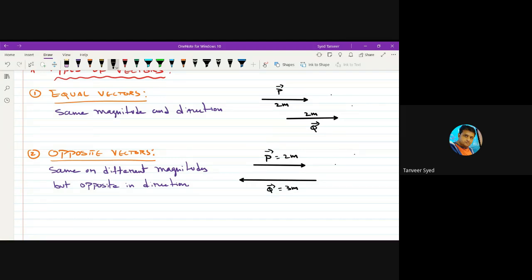Their magnitudes are different, directions are opposite. Or you can also have P vector, which is 2 meter towards right, and Q vector, which is also 2 meter but towards left. These two are opposite vectors.